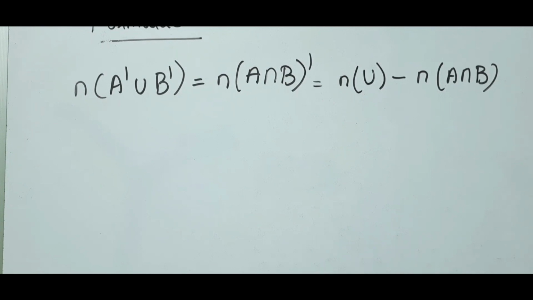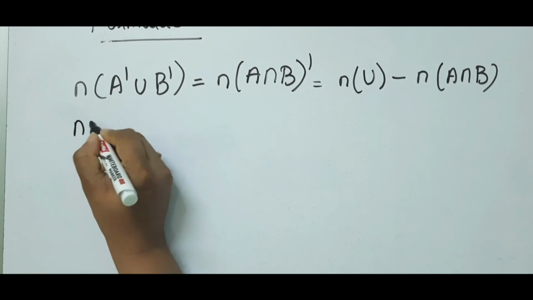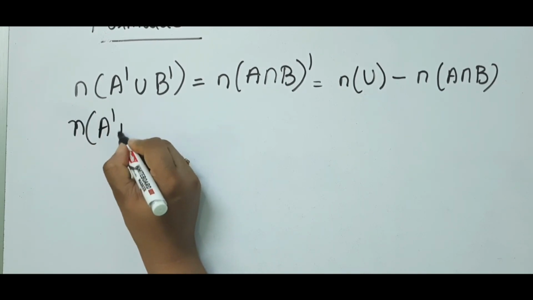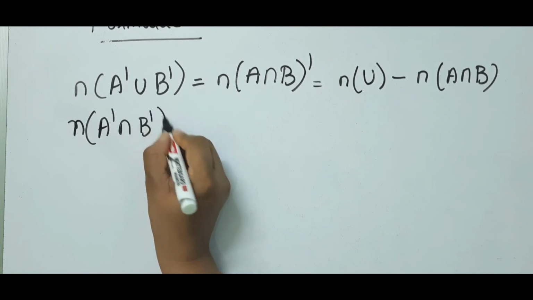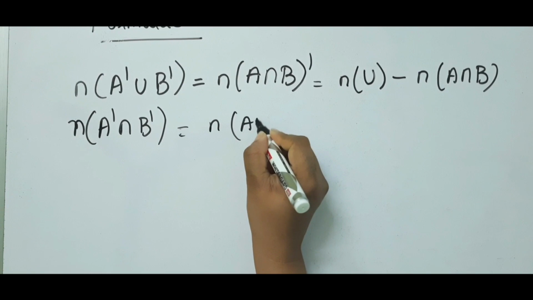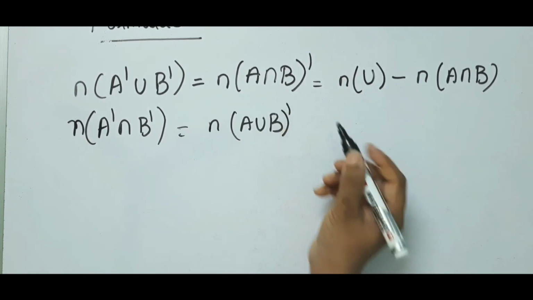Usually in the problem they will give the number of elements in the universal set and the number of elements common to the two sets. Then you can easily substitute here and solve the problem. Okay, in case of intersection, number of elements of A complement intersection B complement will be number of elements of A union B whole complement, as intersection becomes union, is it not?